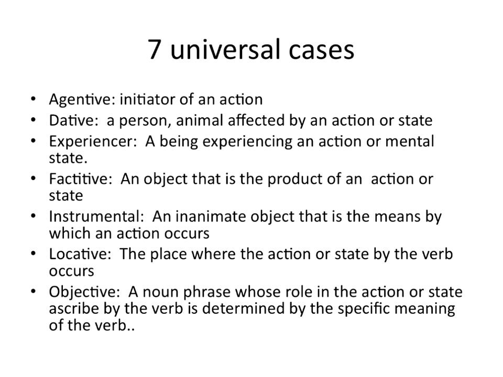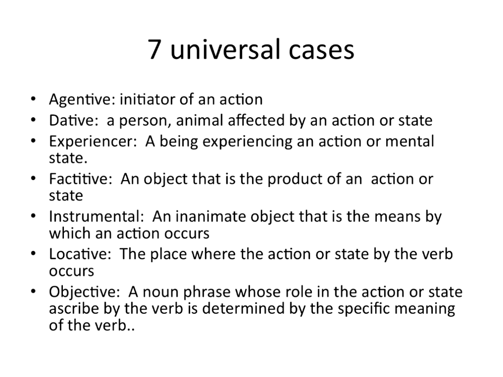Now let's see what that means. There are 7 universal cases. Agentive. So this is an agent. That is a role. That's a semantic role. So a word is not just a word, it's what he's trying to say to Chomsky. A noun is not just a noun. A word is a meaning.